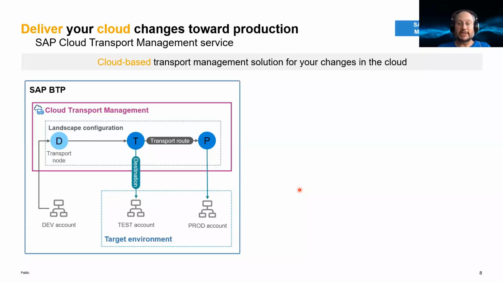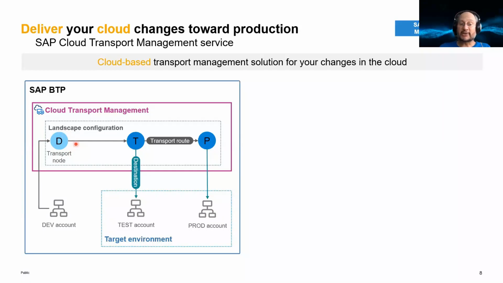The idea is comparable to what you might know from the on-premise world in the change transport system or the enhanced transport system, so that you model your transport landscapes by setting up so-called transport nodes, which represent your sub-accounts inside your BTP landscape.